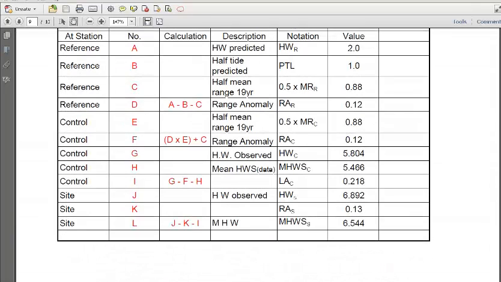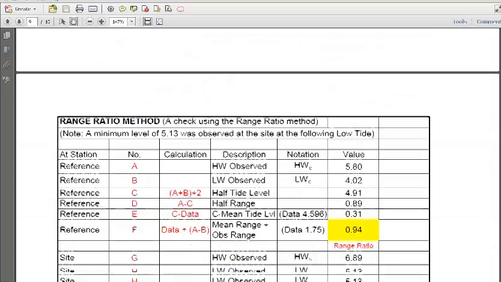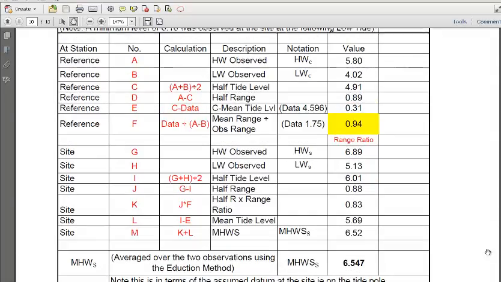So when we come back to the calculation, again we follow through exactly the same process, put our range anomaly at the site in here, and we find we get a mean high water springs of 6.544. Again, checking this information using the range ratio method, we get 6.52.